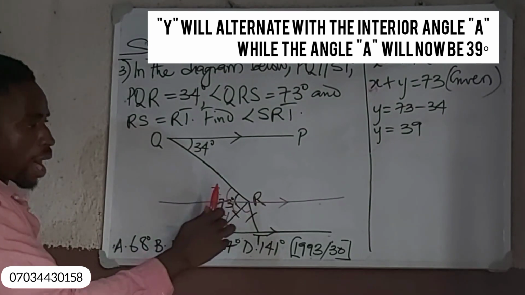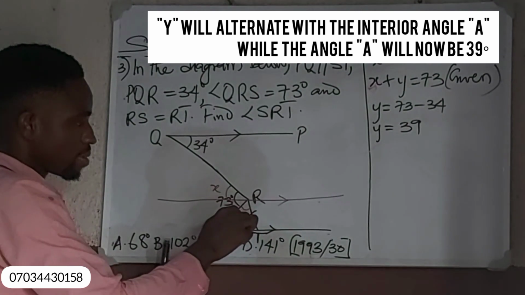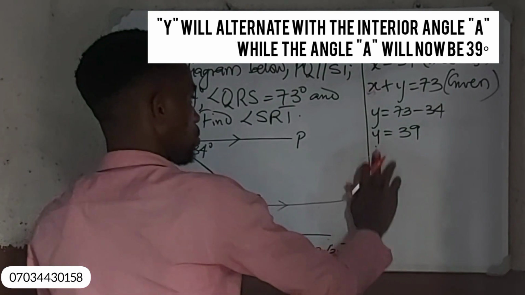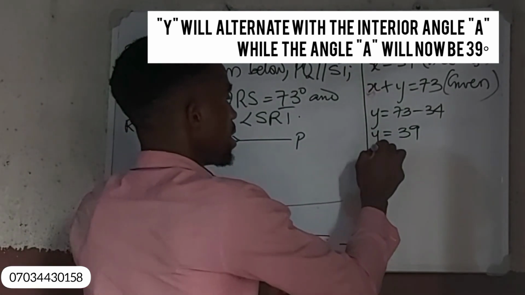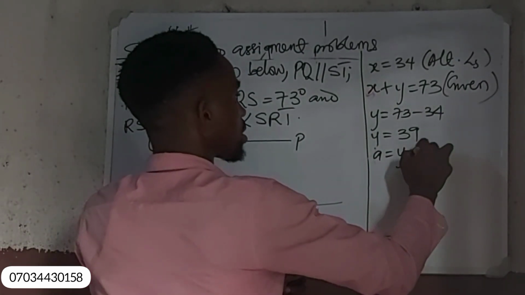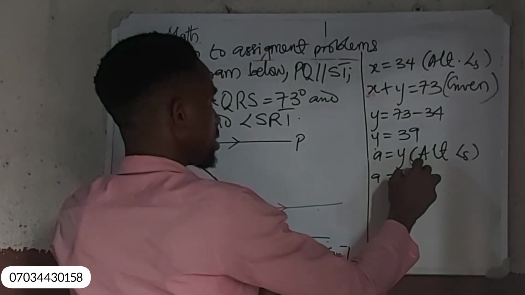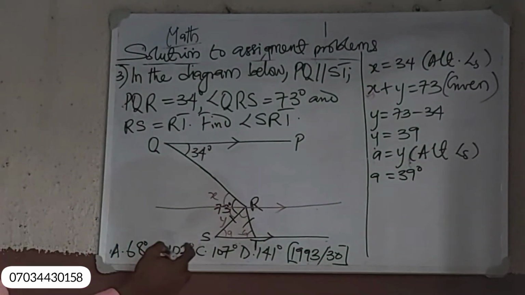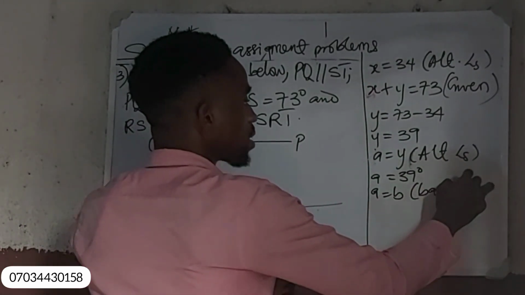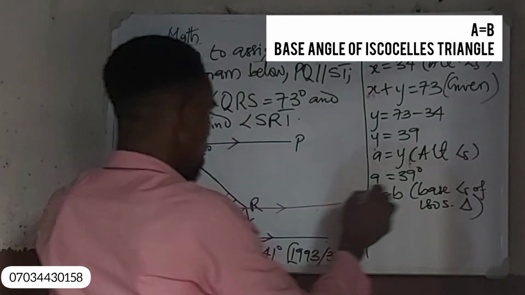So now y will alternate and come here to angle A. So you can say that A is equal to y, and the reason is alternate angles. So A is 39 degrees. Also, A and B are equal. The reason is base angles of an isosceles triangle. So A and B are equal.